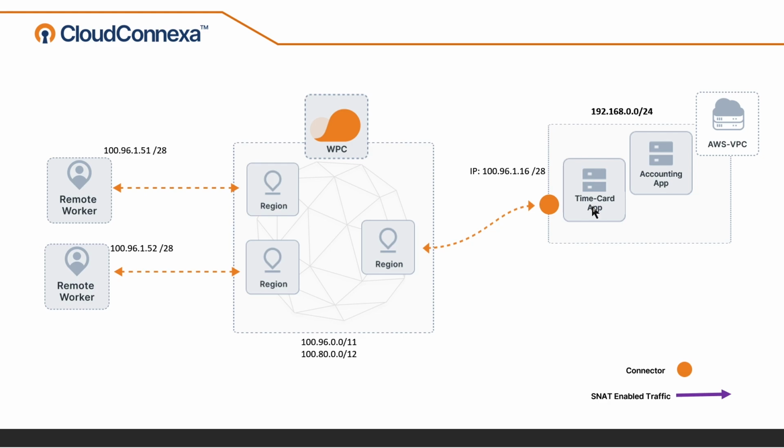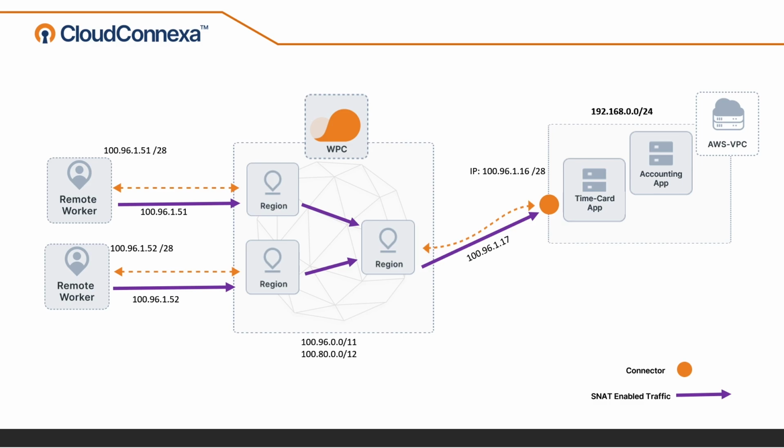But when we enable SNAT on our CloudConnexa, for each remote worker who connects, the IP address we're going to see on the other side is going to be the gateway IP address, which in our case is 100.96.1.17. So again, some benefits of enabling SNAT. First of all, it hides internal IP addresses, making it difficult for external entities to map the network.